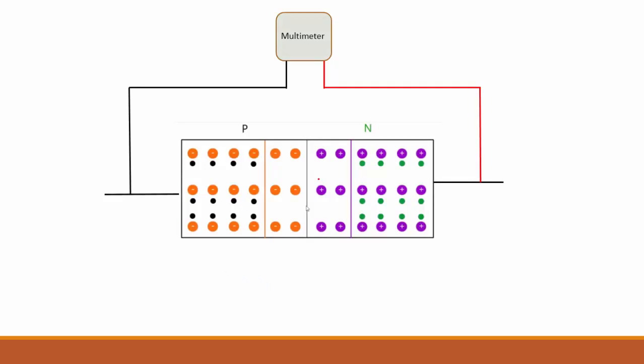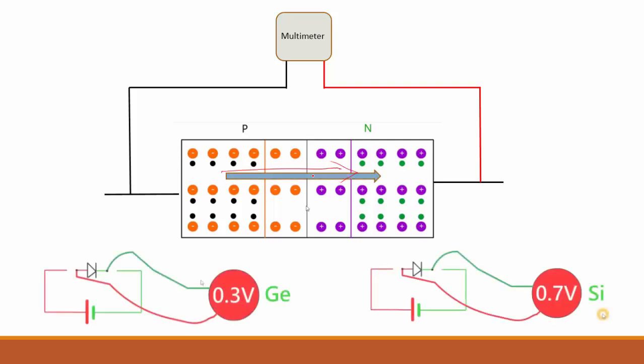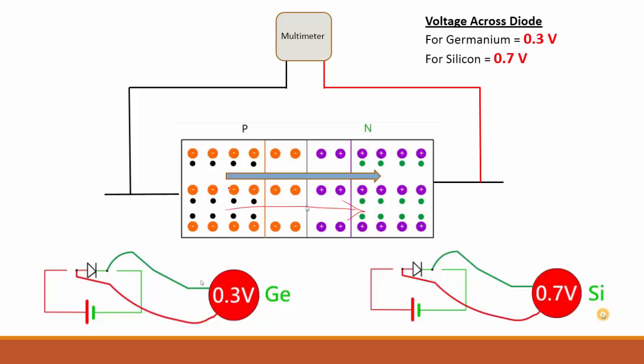Now when the diode is in forward bias, and if you connect a multimeter across the PN diode, what happens? The current is flowing from the P-type to the N region. When you measure the voltage across the PN diode, look at this situation. If the diode is made up of germanium, the voltage across the diode in forward bias is 0.3 volt.